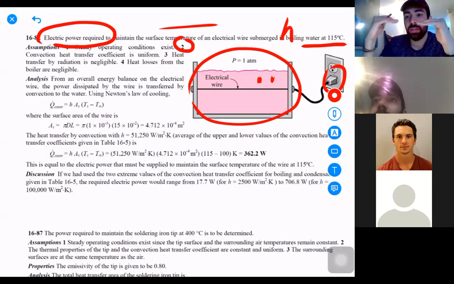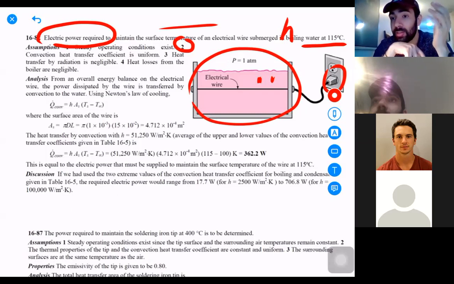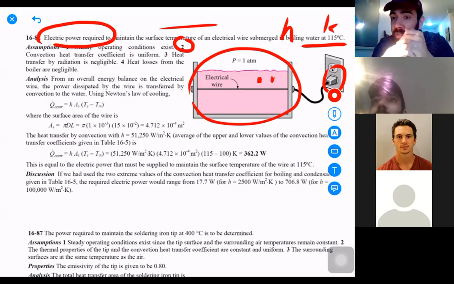At first, the temperature difference, for example, is 10 or 20 degrees centigrade. But after working a few minutes, the temperature of the liquid or the medium around the wire would increase. So after that, the temperature of the liquid would be much higher. And we know that both the H and the K term, which is the conduction constant for the conduction heat transfer, are dependent on the temperature somehow.